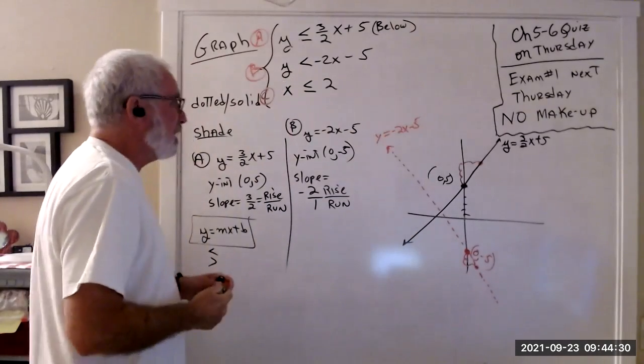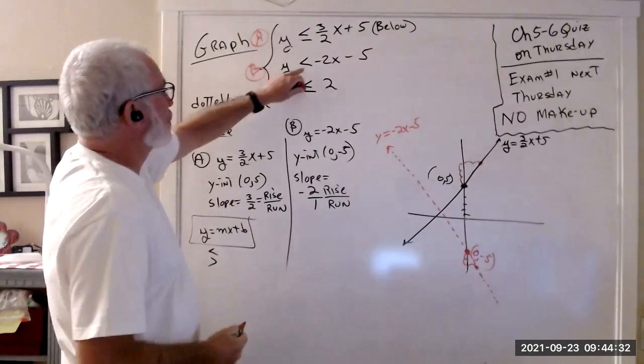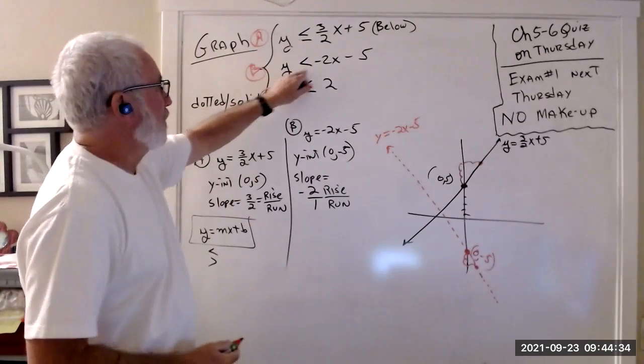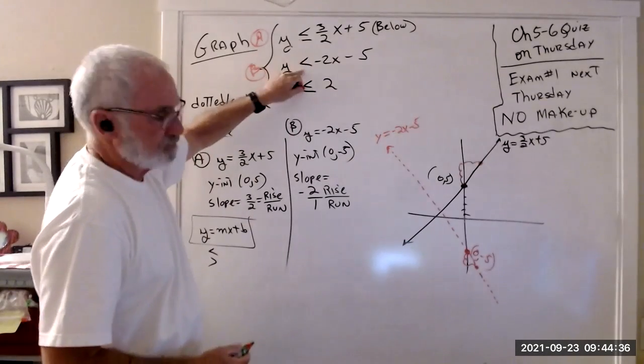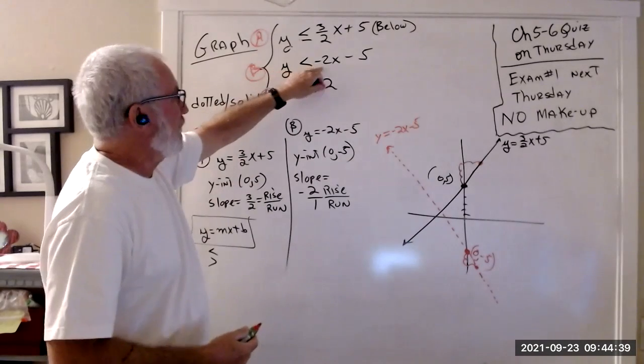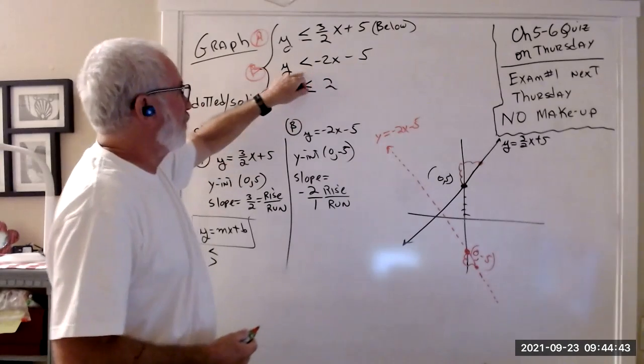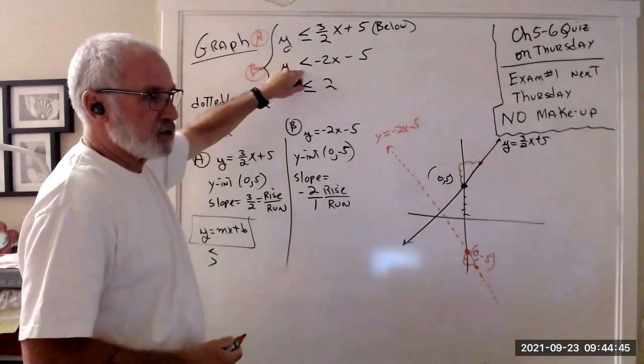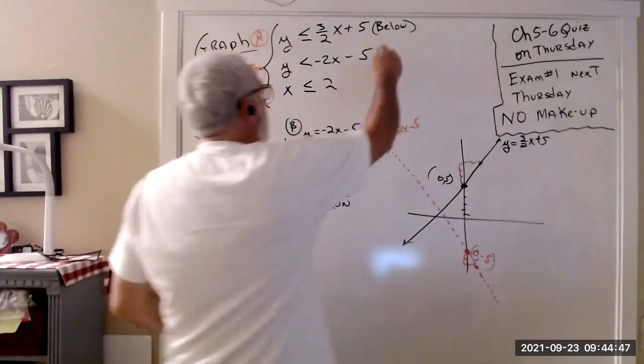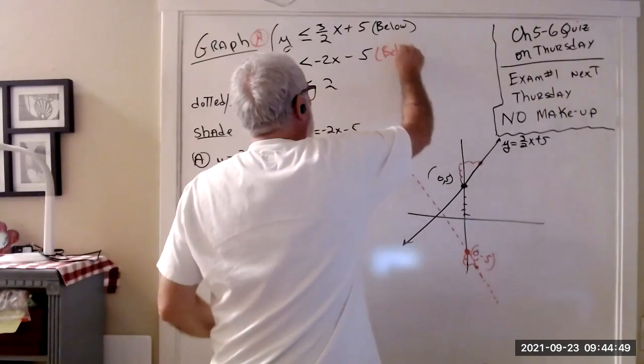Now, again, if we look at this, it's in slope-intercept form, y equals mx plus or minus b. So this says shade below. Less than means below. So I'm going to shade below it.